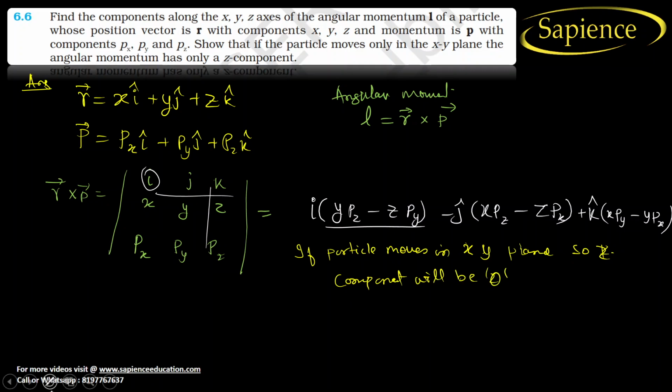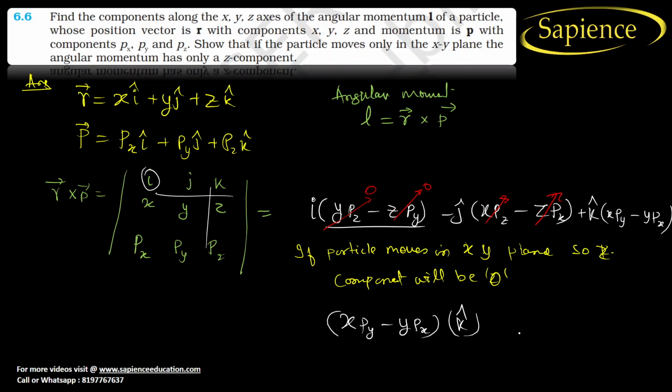So if the z component is 0, this will be 0, this will be 0, this will be 0. The only component left with us is x Py minus y Px into the k vector.